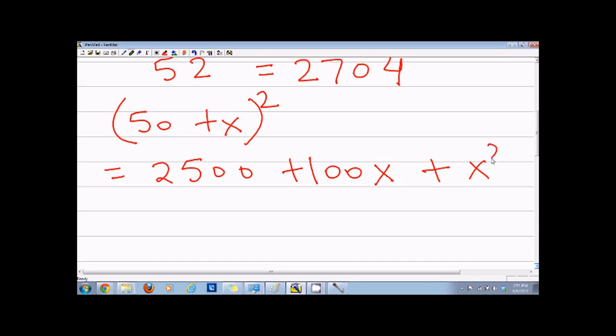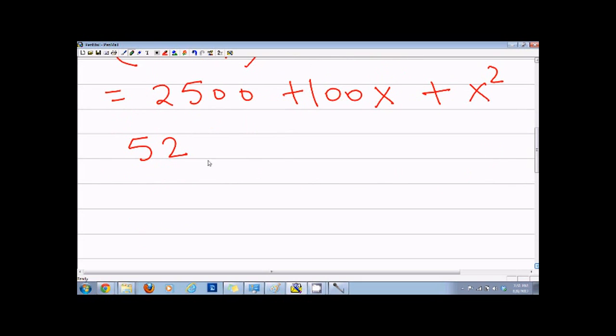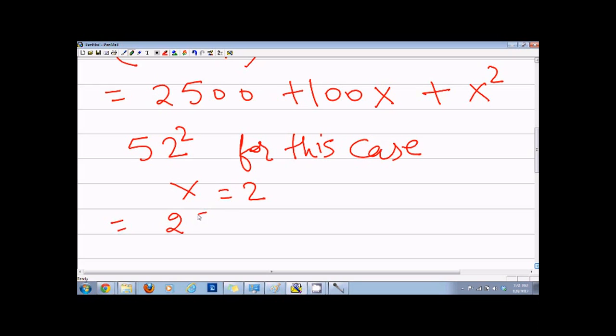So you can see that if I am taking the square of 52, then x in this case is equal to 2, and if x is equal to 2, then you can go back to the equation and say 2500 plus 2 into 100 plus 2 square.